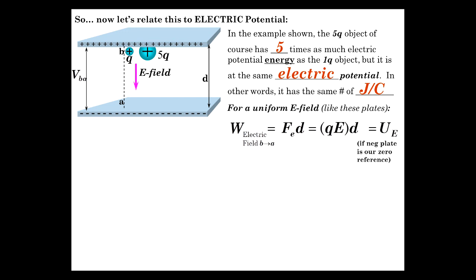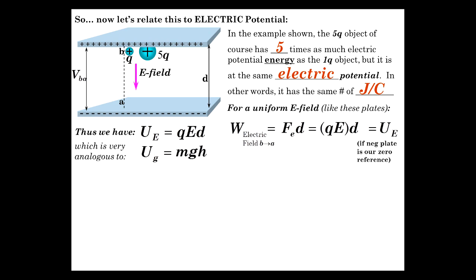And that is the potential energy these charges have if the reference is down here. If it's 0 down here at the negative plate, then this is the electric potential energy they have. So we have UE, electric potential energy, is QEd. And that's very closely analogous to our gravitational potential energy of mgh.